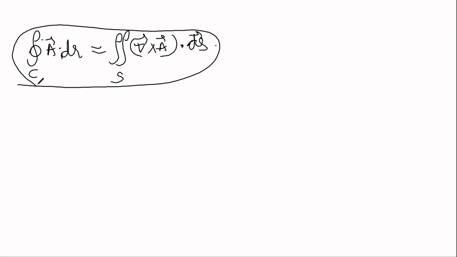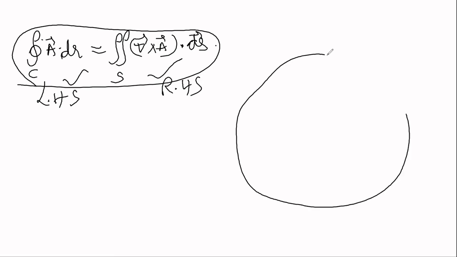How do you prove this Stokes theorem? This is LHS and this is RHS, the left hand side and the right hand side. What does it say? Consider a surface S enclosed in a vector field A. Now I consider a surface S enclosing a vector field A. Okay.